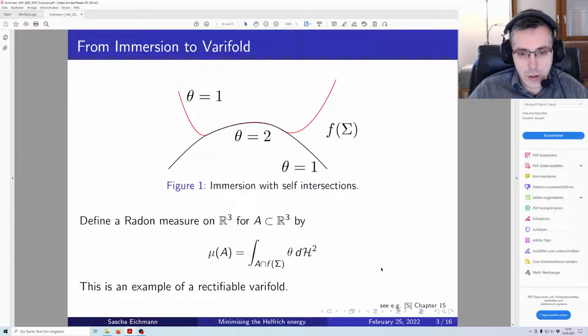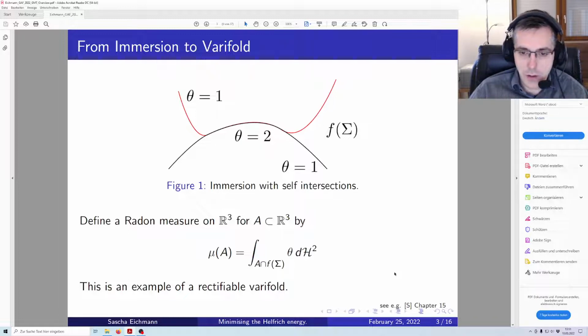If you do not know what this two-dimensional Hausdorff measure is, do not worry, just think of it as one way to define a two-dimensional area or volume measure in R^n. And this is actually an example of a rectifiable varifold.